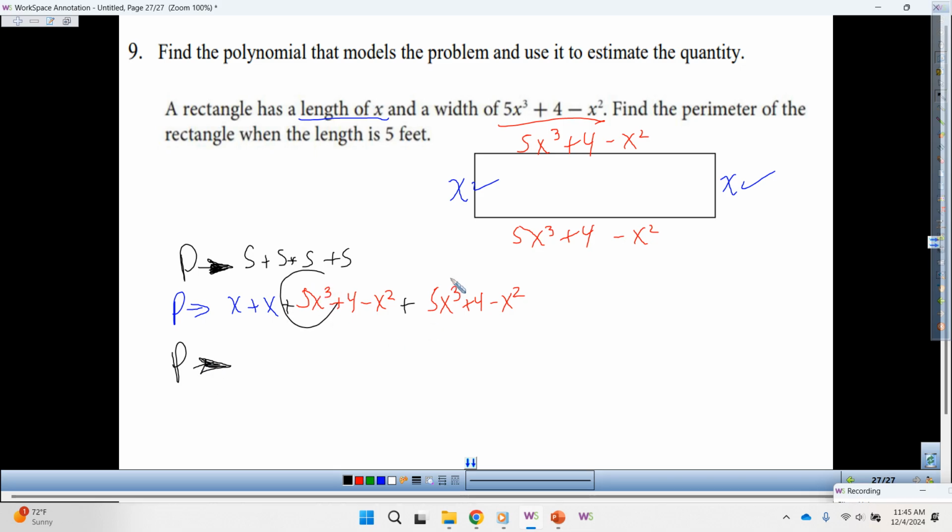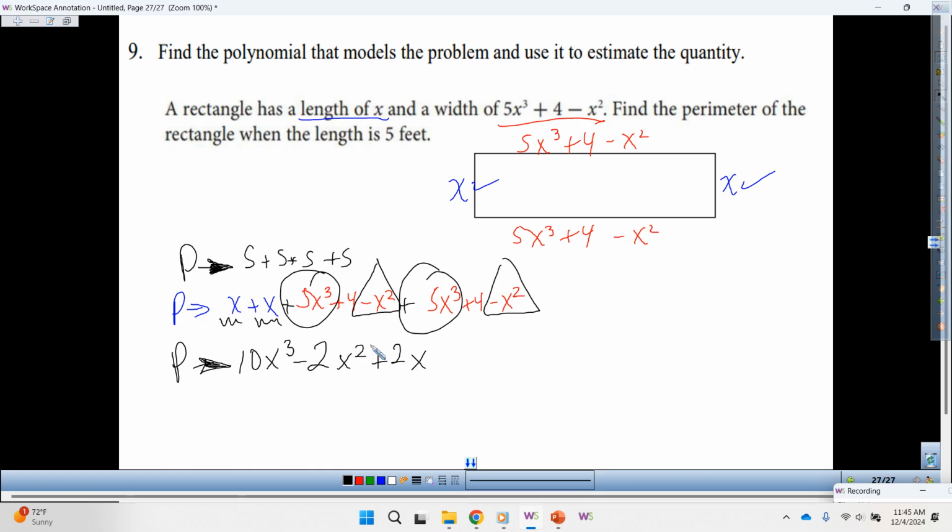5x cubed plus 5x cubed is 10x cubed. Next, negative x squared and negative x squared. That's negative 2x squared. Next, I got x plus x. What is that? 2x.